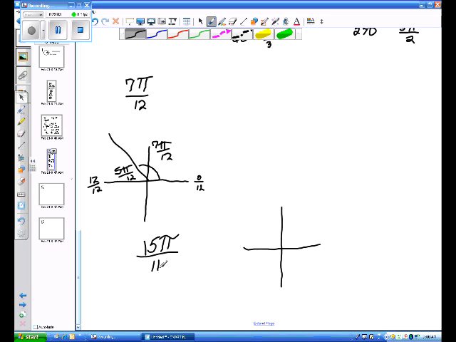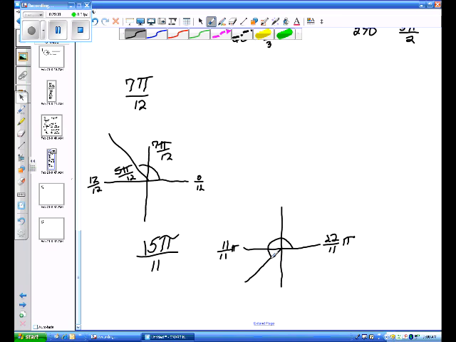Well, 15 elevenths, 15 is greater than 11, so that's greater than 1. So 1 would be 11 elevenths pi. 2 would be 22 elevenths pi. So we need to decide, is 15 closer to 11 or 22? So here we are now in the third quadrant, and we want to know our reference angle.